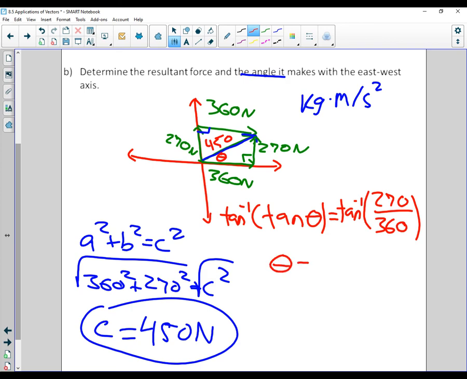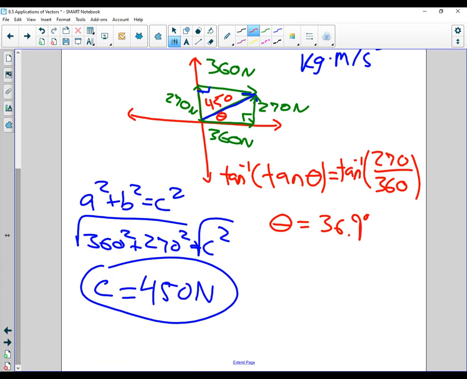So then theta equals 36 point something degrees. And if we wanted to be a little bit fancy, to be specific, since it gave us the problem in terms of north and east, not on a coordinate plane, we could say north of east.